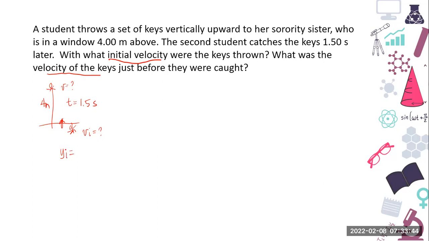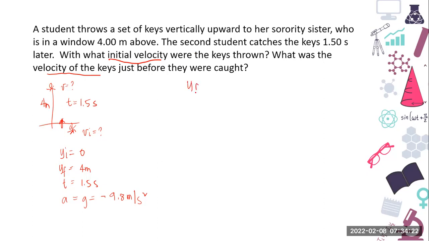Frame of reference, yi equals 0. We can also say that our final height will be 4 meters. The whole thing happened in 1.5 seconds. We can use a as your g. This time it's upward, therefore we can use 9.8 meters per second squared. Okay, the whole thing is going upward. So let's just use our formula again.